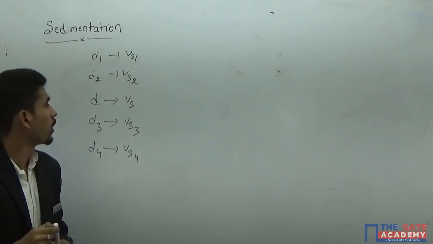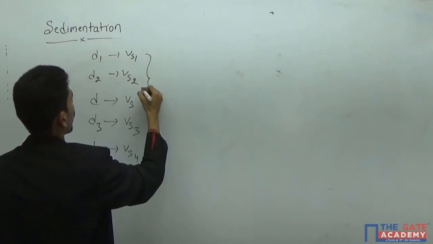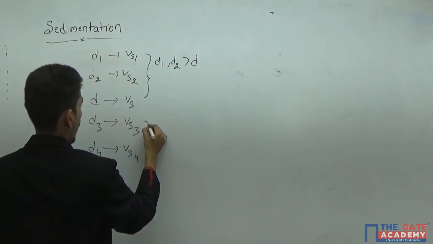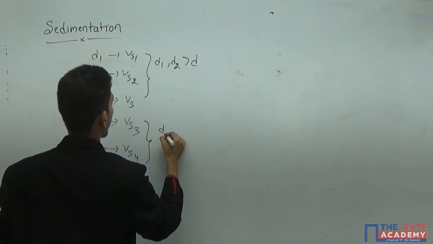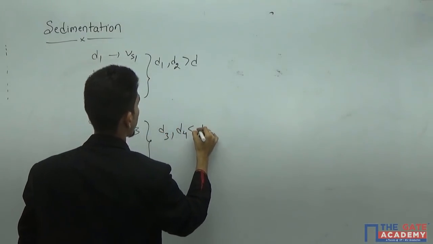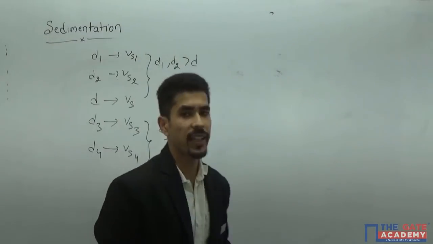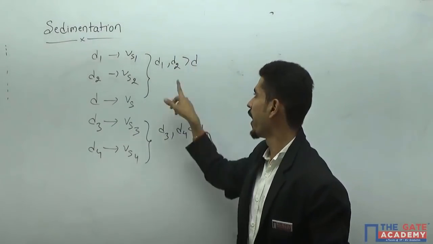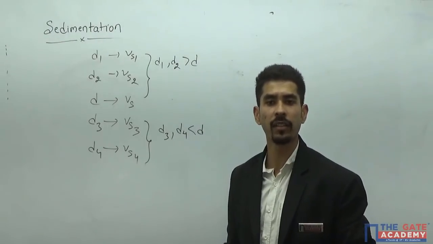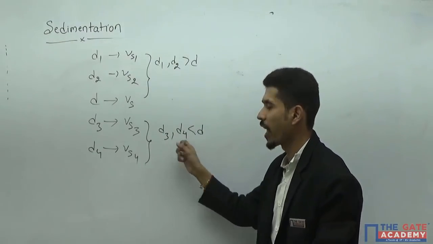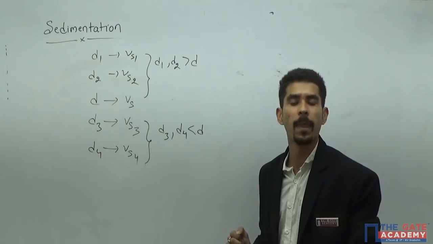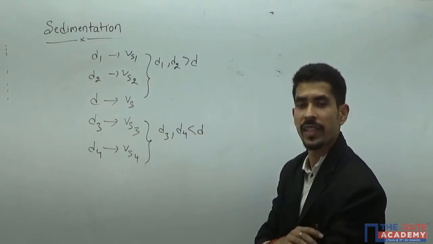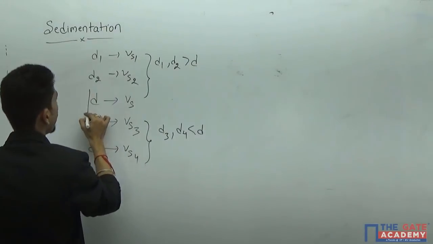Now he says that D1 and D2 are greater than D and D3 and D4 are less than D. For this case, we have no problem as all these will be 100% removed as the diameter is greater than the concerned diameter. But in this case, what happens? There will be some partial removal. How to calculate that partial removal when settling velocities are given? Now he is saying that your tank is designed for this case.